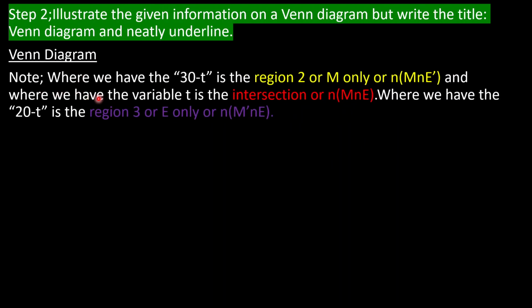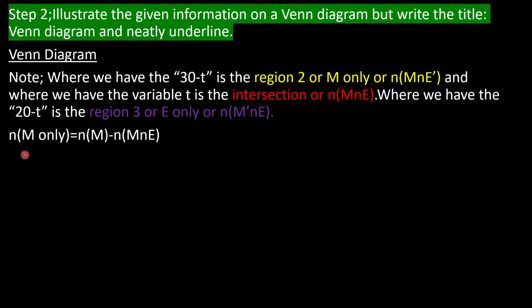But note, where we have the 30 minus t is the region 2, or M only, or M intersection E complement. And where we have the variable t is the intersection, or the number of M intersection E. Also, where we have the 20 minus t is the region 3, or E only.